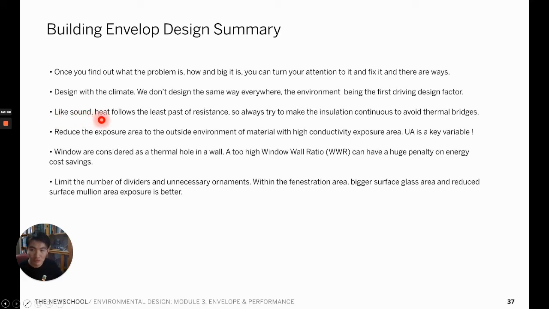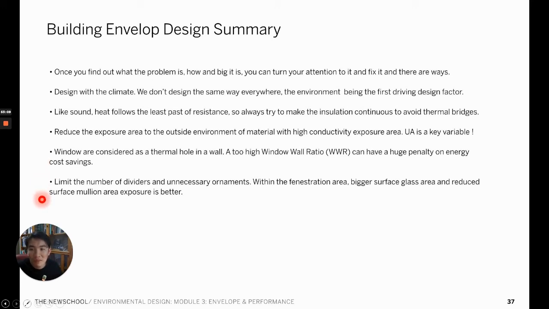Heat flows through the path of least resistance. So always try to make the insulation continuous in order to avoid thermal bridges. And next point, reduce the exposure area to the outside, decrease the amount of surface area, and also control the window to wall ratio and eliminate unnecessary window area in order to save energy cost.